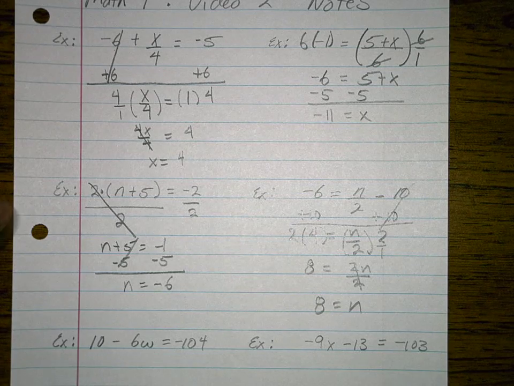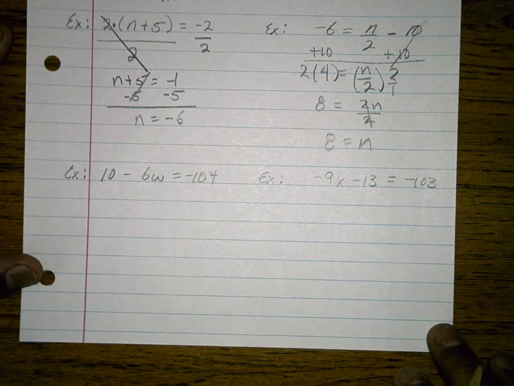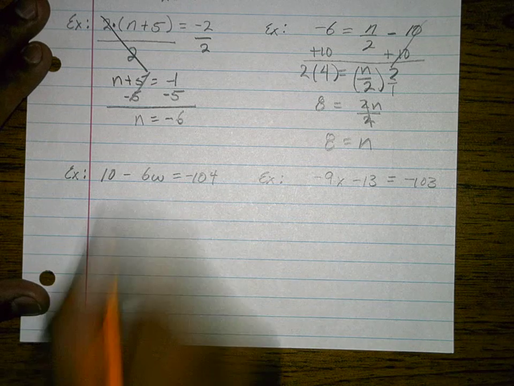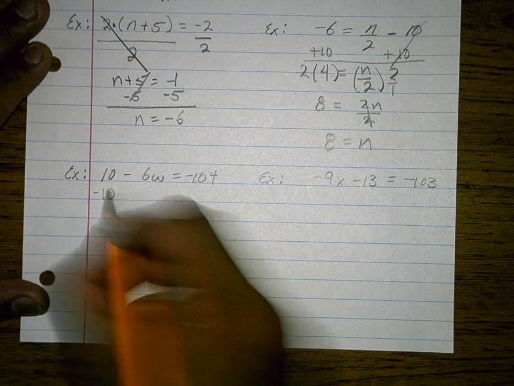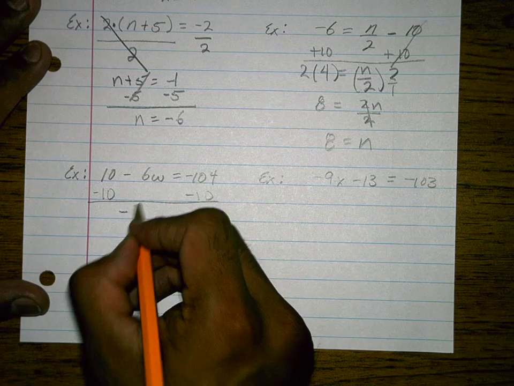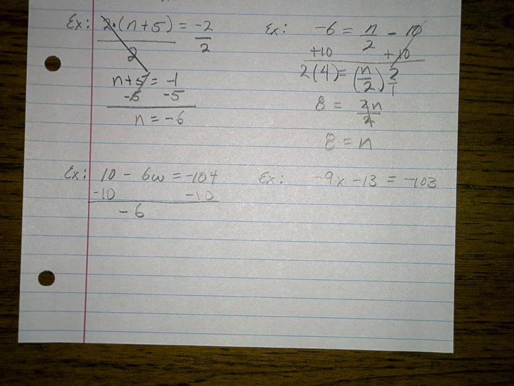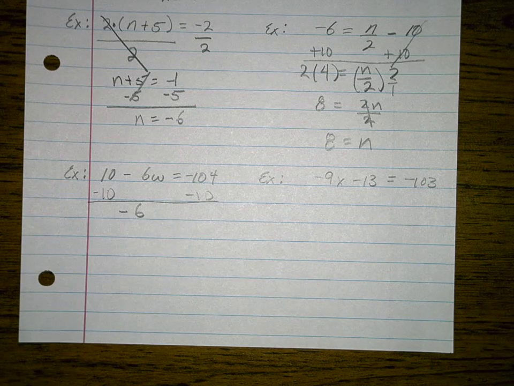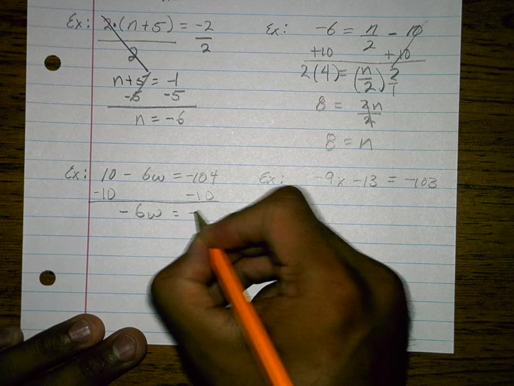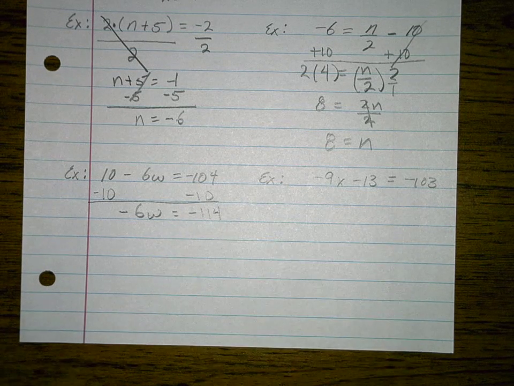Okay. Move it on down here. I'm going to get w by itself, so I'm going to go ahead and get rid of this 10 first. So I'll subtract. Alright, so I get 6w equals negative 114.